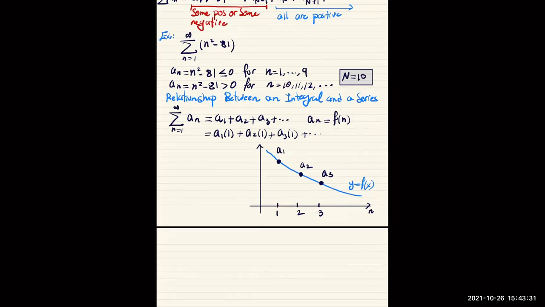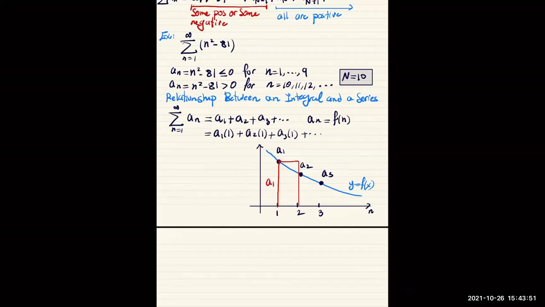Don't believe me? Let me draw that for you. I'm going to draw a rectangle. The height of this rectangle, or the length, is A1.